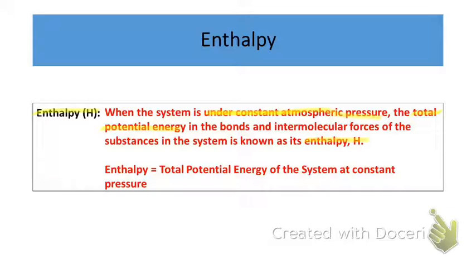And this is really the typical case of most chemical reactions or processes. The atmospheric pressure is going to be constant, and therefore the potential energy of a system is known as the enthalpy. Now, we can equate this: enthalpy is equal to the total potential energy of the system at a constant pressure.